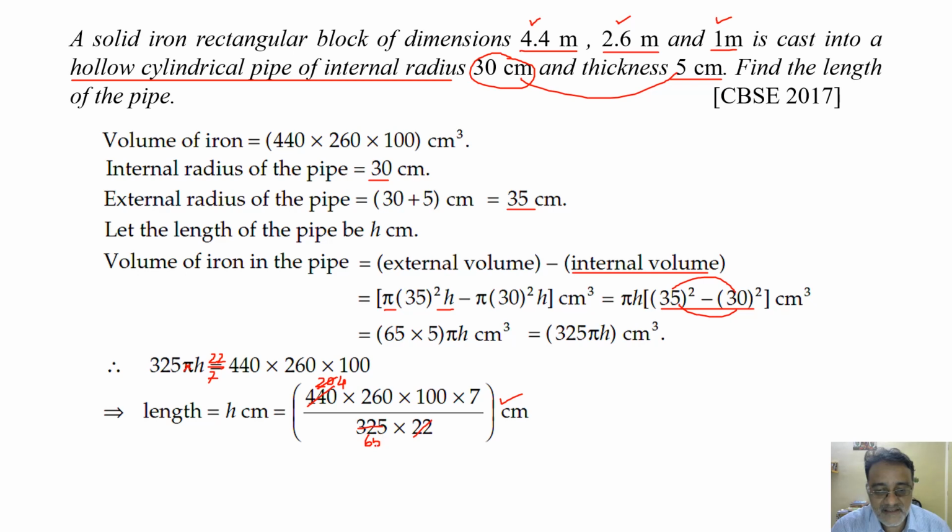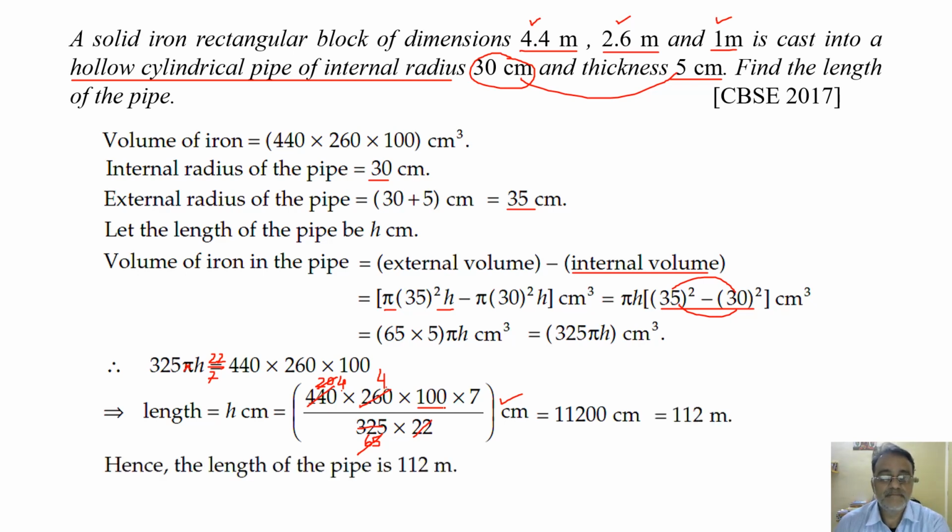One more time we can cancel. अच्छा, एक बार और कैंसिल करेंगे 5 से. सॉरी 260 65 से 4. सो 4 इंटू 7 28 इंटू 7 112 इंटू 100. सो 2 0 लगा लो, 11,200 सेंटीमीटर. सो मीटर में कन्वर्ट करो, because we are getting a large number in centimeters, so 112 meter. Any doubt? No, sir.